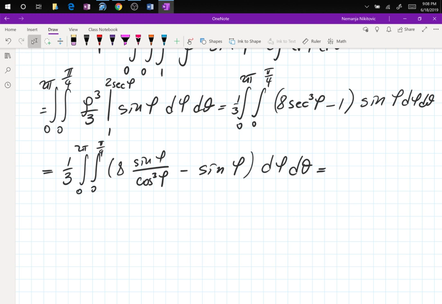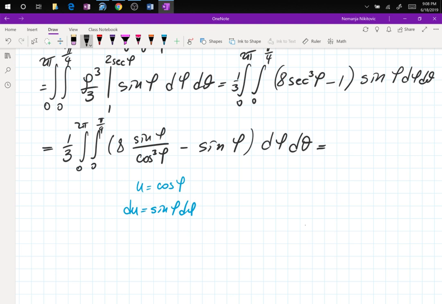Now, to integrate the next step over here, we are clearly going to use basic u substitution for this one, because we have cosine cubed in the denominator. So u equals cosine phi, du equals sine phi d phi, which is exactly what we have.